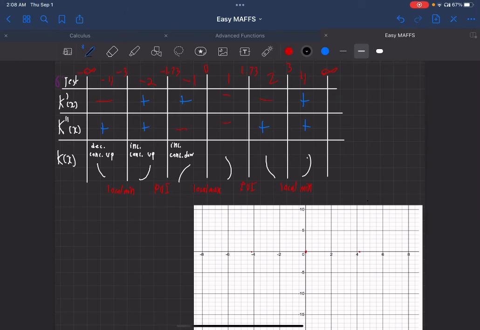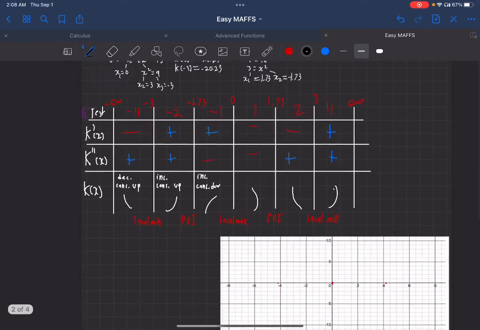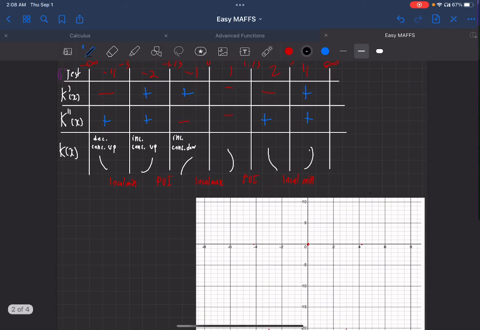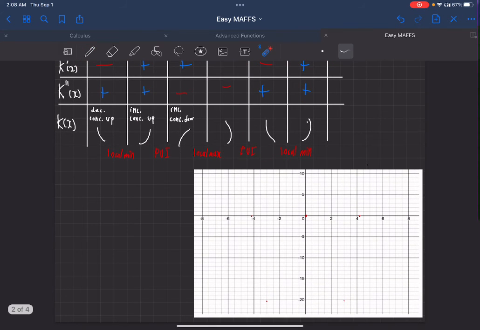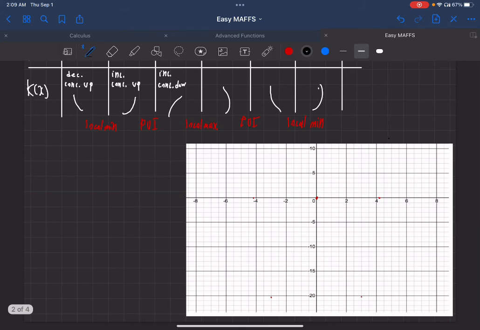Alright, so now finally we start the sketching process. Probably the reason you're watching this video. Okay, so from negative infinity to negative 3, from here all the way to here, we are decreasing in concave up. So we should look something like that.